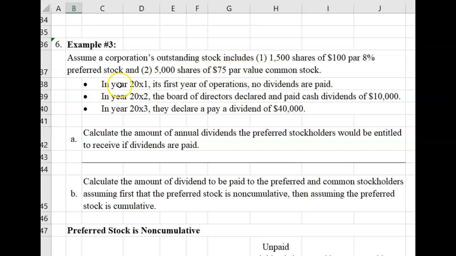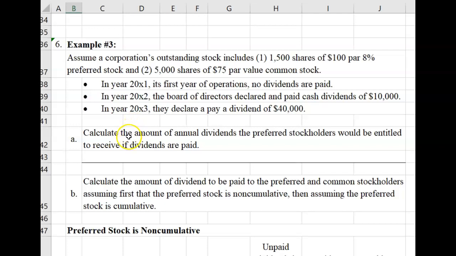In 20X1, its first year of operations, no dividends are paid. In 20X2, the Board of Directors declared and paid cash dividends of $10,000. In 20X3, they declared and paid a dividend of $40,000.